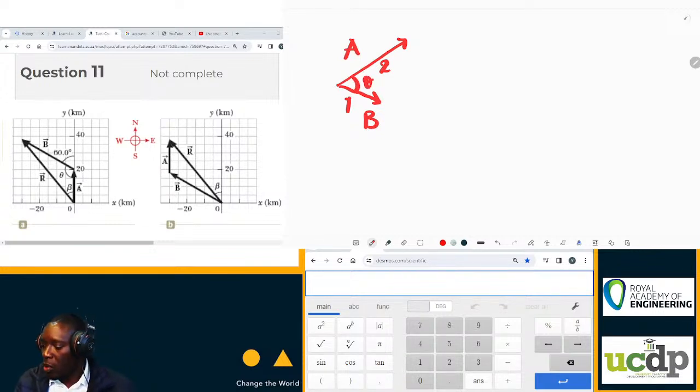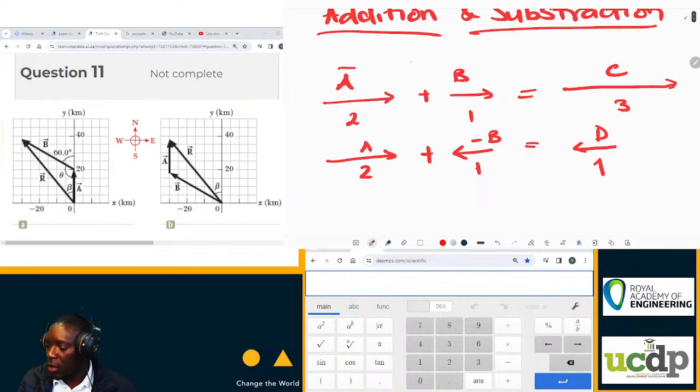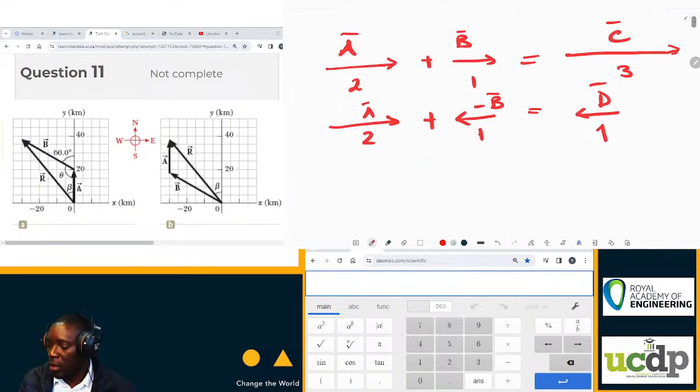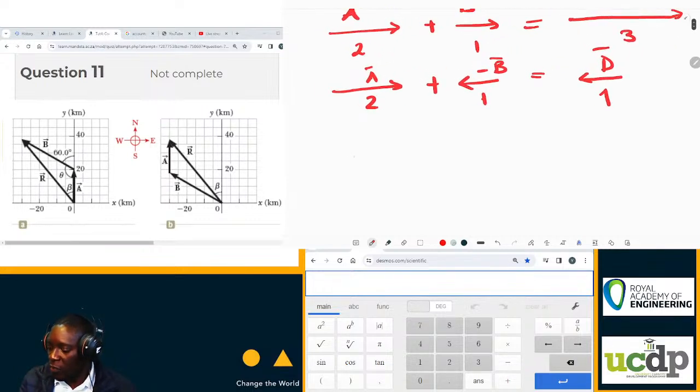Okay, so in this case, A plus B, these are like vectors, so whenever we're adding, we're simply adding the vectors. Unless we specifically want the magnitude of A plus the magnitude of B to equal the magnitude of C.